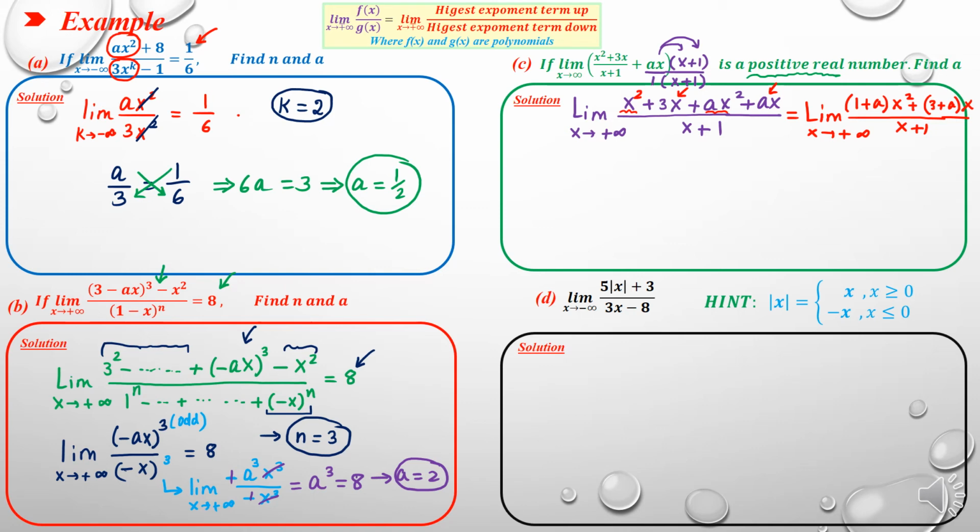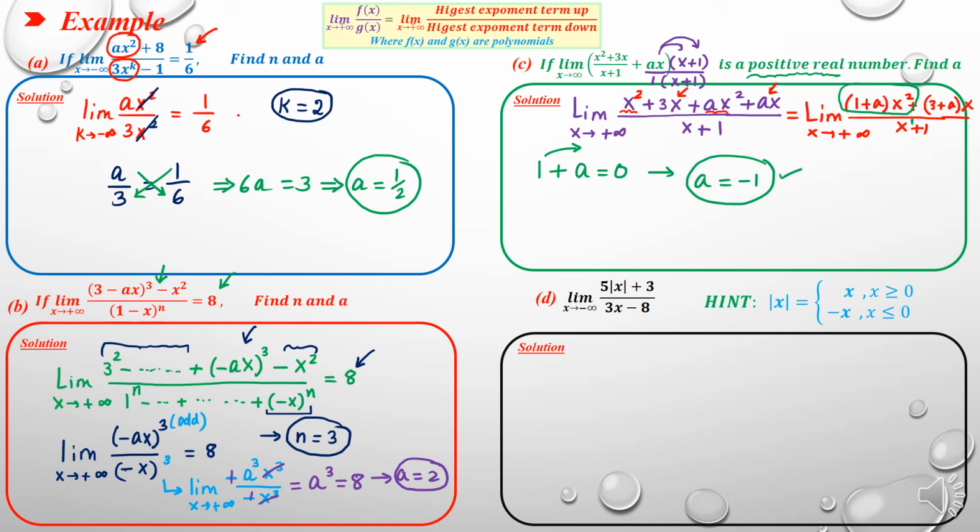Now the power down is 1 and the power up we have x power 2. This means you have to cancel the x squared and put 1 plus a equal to 0, to cancel this term and make the highest degree up equal to 1. So you move 1 to the right hand side and you will get a equals negative 1.